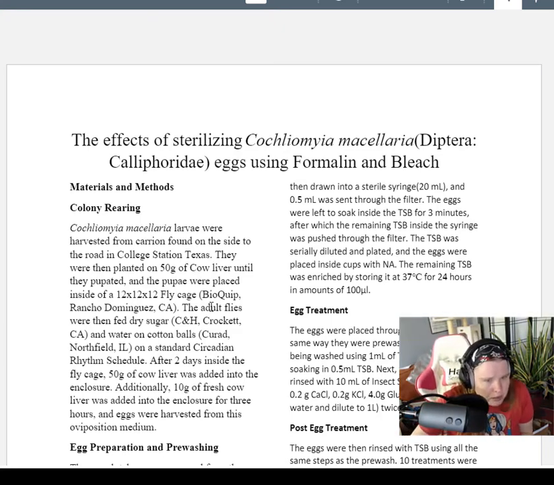All right. So good. Adult flies, dry sugar, standard circadian rhythm schedule. So the standard circadian rhythm schedule, you would need to either define what that means, because this might be different for different authors or for different researchers, depending on their system.